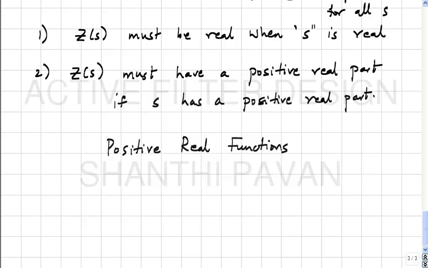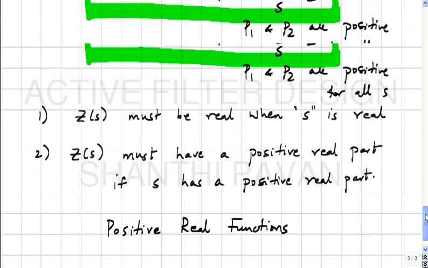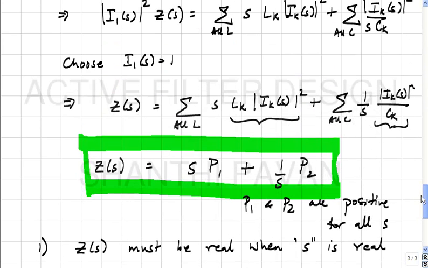Okay, and this is the basis of network synthesis. Is this clear? The starting point is Tellegen's Theorem or some kind of energy functions, because you can think of Li squared as, for example, if you evaluate Z of S on the j omega axis, correct?